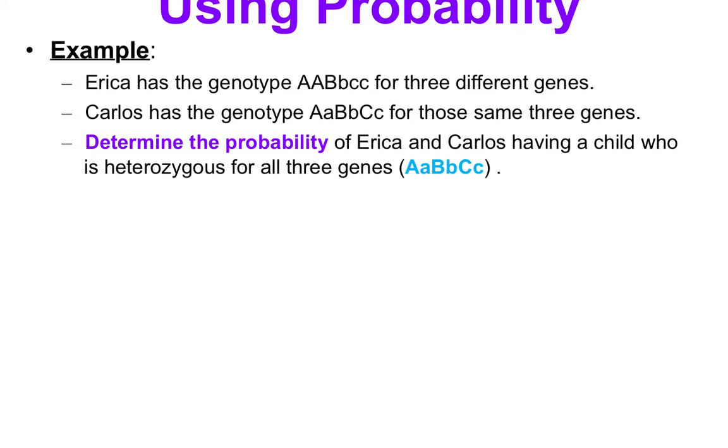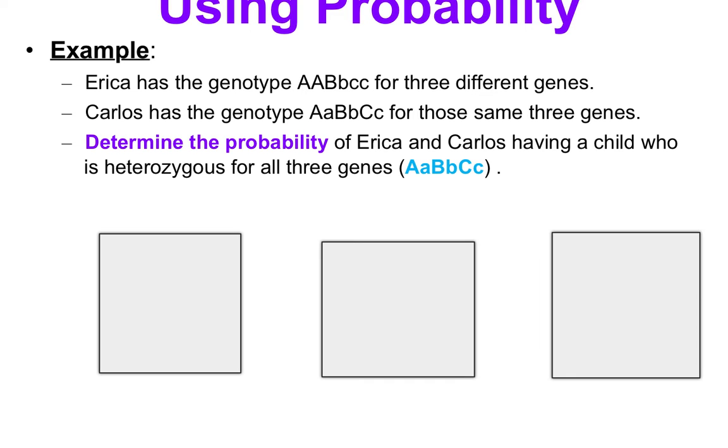Okay, the first thing we need to do is determine what the probability for each of these is going to be independently. So we want to do all the A's and then all the B's and all the C's. All right, so let's just do Erica up top. So ladies are going to go here. There's Erica for A, here's Erica for B, and here's Erica for C. And then we're going to do Carlos along the side.